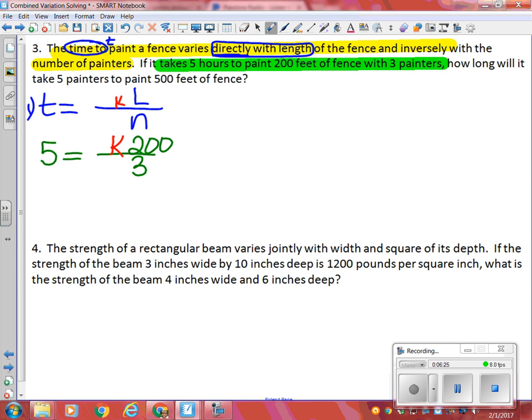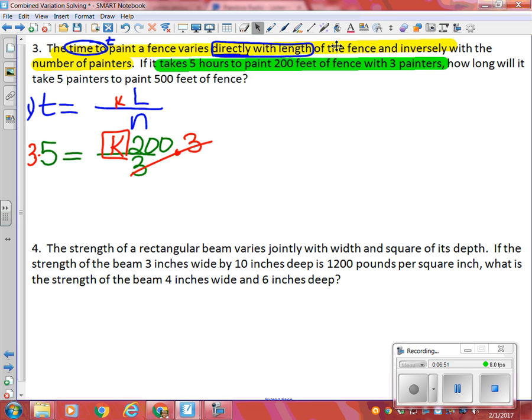Now, this is the one case where we end up having to solve. I need to consider this like K times 200 divided by 3. The opposite of divide by 3, I'm going to focus on the 3 first, is times by 3. Remember, we're trying to get constant K all by itself. So if I times one side by 3, I do get rid of the 3, so I'm going to times the other side by 3.